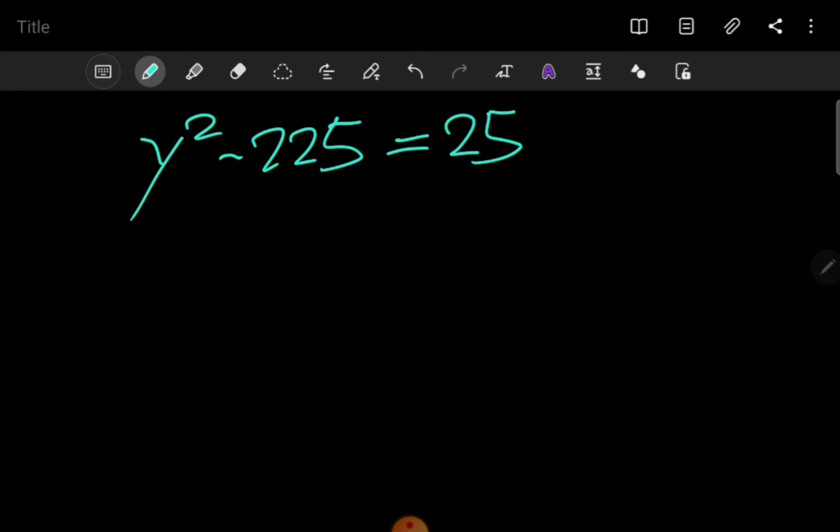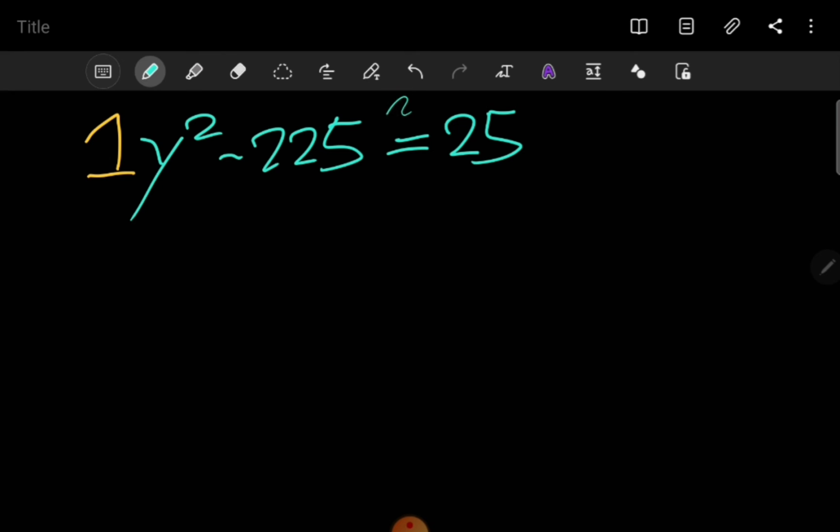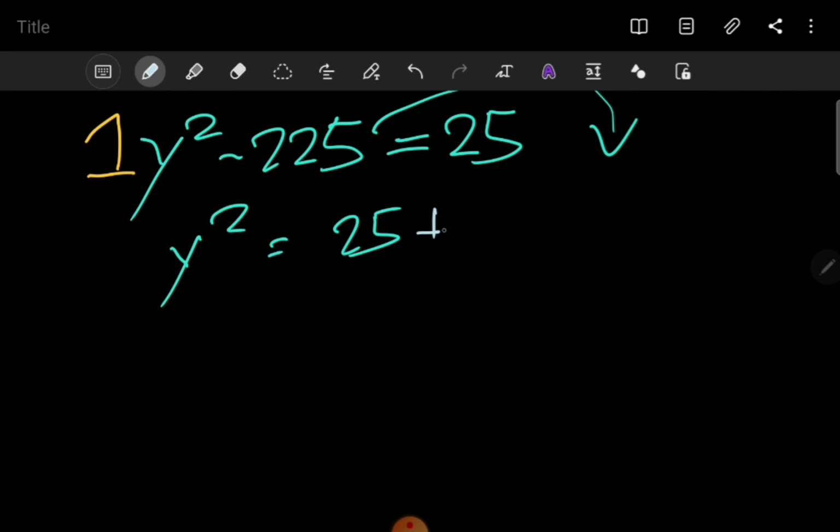Since our leading coefficient, which is the numerical coefficient of y squared, is 1, then we can just transpose 225 to this side. So y squared is equal to 25 plus, remember, plus 225.